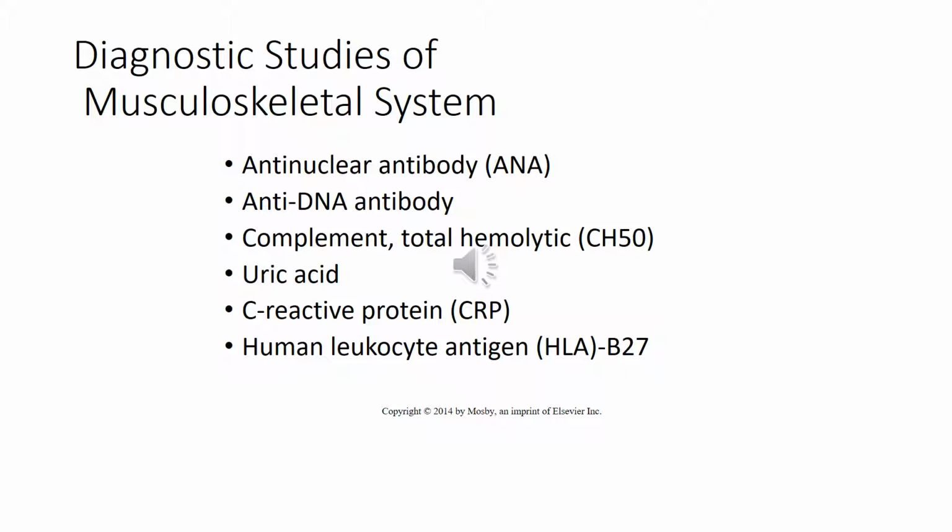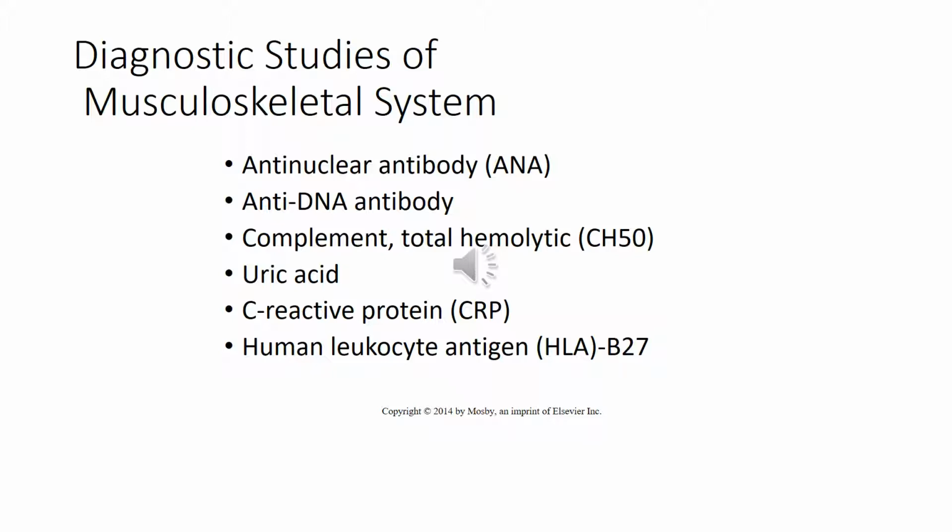Then we have C-reactive protein, or CRP. This is used to diagnose inflammatory diseases, infections, and widespread malignancy. This is synthesized by the liver, and it's present in large amounts in serum 18 to 24 hours after the onset of tissue damage.